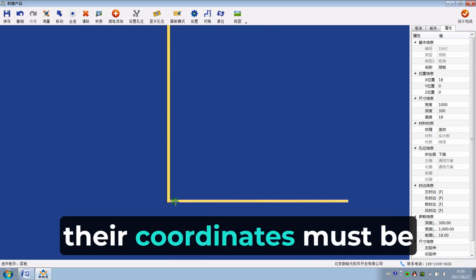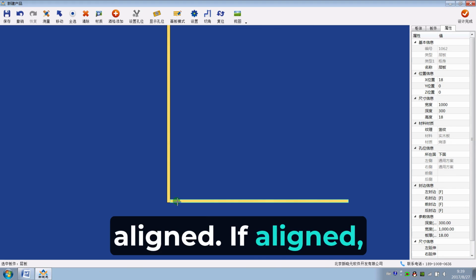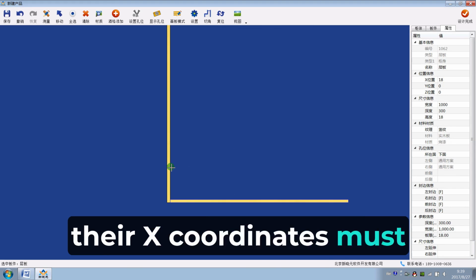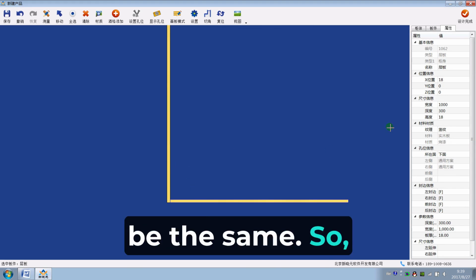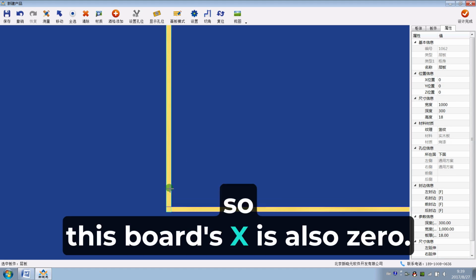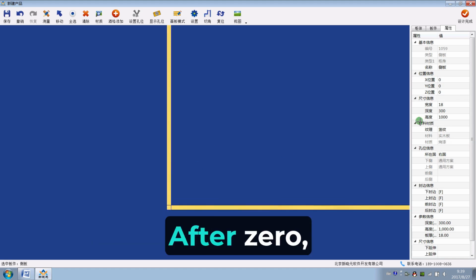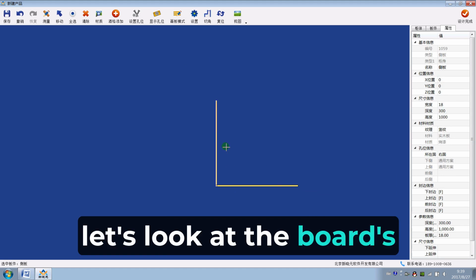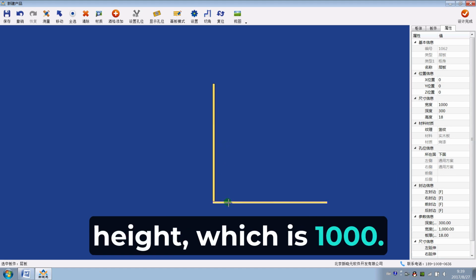First, their coordinates must be aligned. If aligned, their X coordinates must be the same. So, this board's X is 0, so this board's X is also 0. After 0, let's look at the board's height, which is 1000.